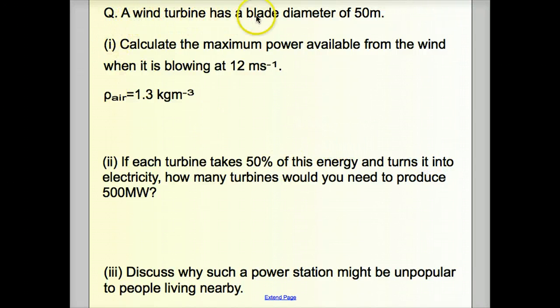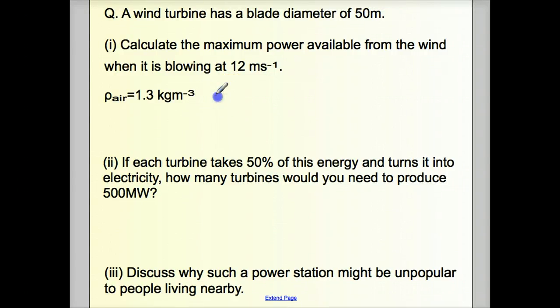So let's imagine a wind turbine has a blade diameter of 50 meters. First question, calculate the maximum power available from the wind when it is blowing at 12 meters per second. So we have the equation. Power equals half rho AV cubed, which gives us half times the density of air, which is 1.3 kilograms per meter cubed, times the area swept out by the blades, which is the area of a circle, which is pi r squared.